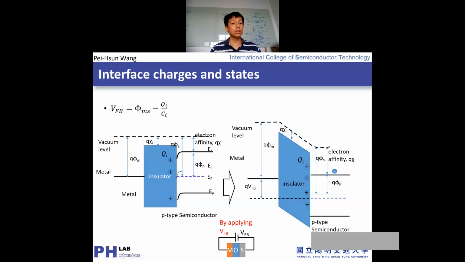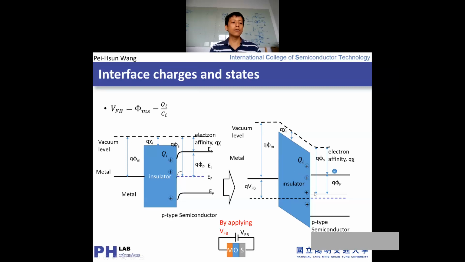So when we meet these conditions, we want to precisely operate your MIS or MOS systems, we need to still apply the flat band condition. So even with the same phi S and phi N, due to the surface charge, we need to additionally give it a flat band condition. So initially we have the electric field from left to right. In order to compensate this charge, we get additional negative charge from semiconductor to metal.